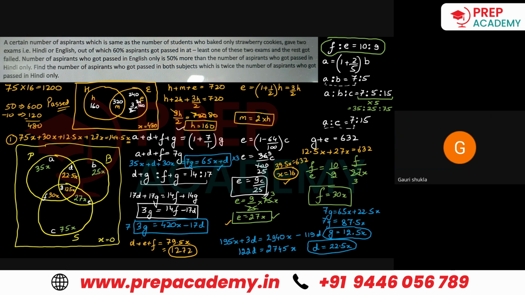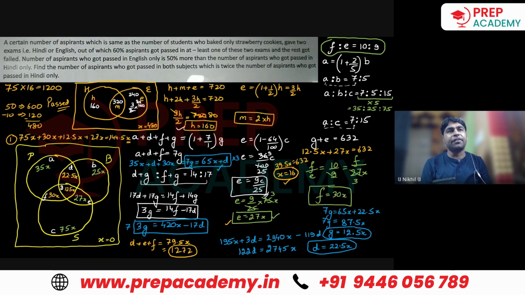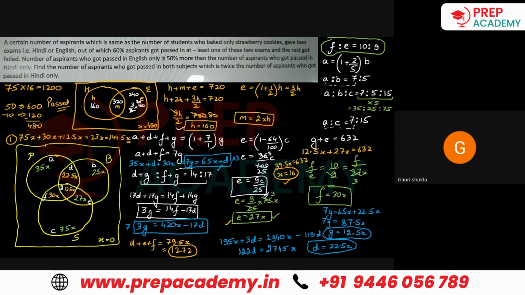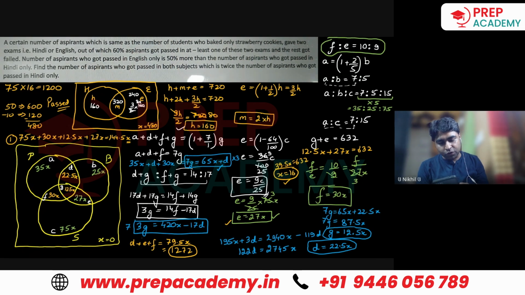The rest of the questions. I solved the one where the number of students who baked all types of cookies was 200, so it would be 12.5 into 16. Then, the number of students who like at least 2 types of cookies but don't like butter cookies.